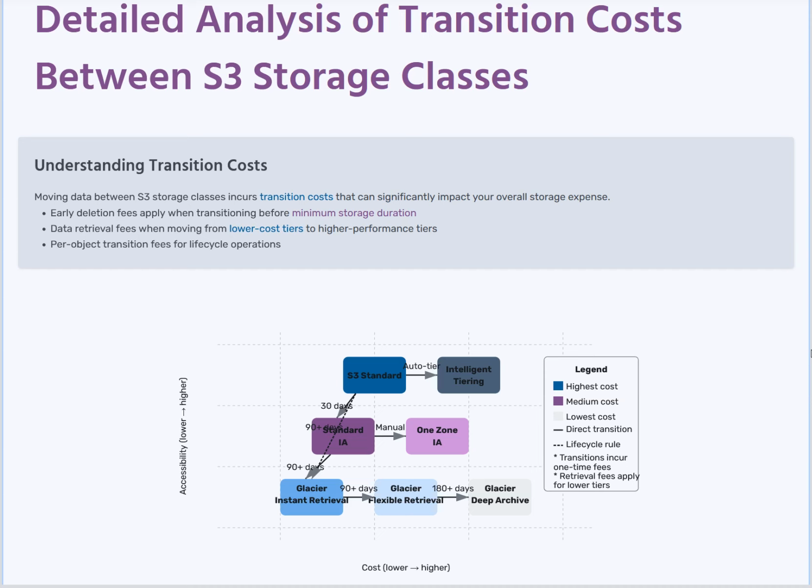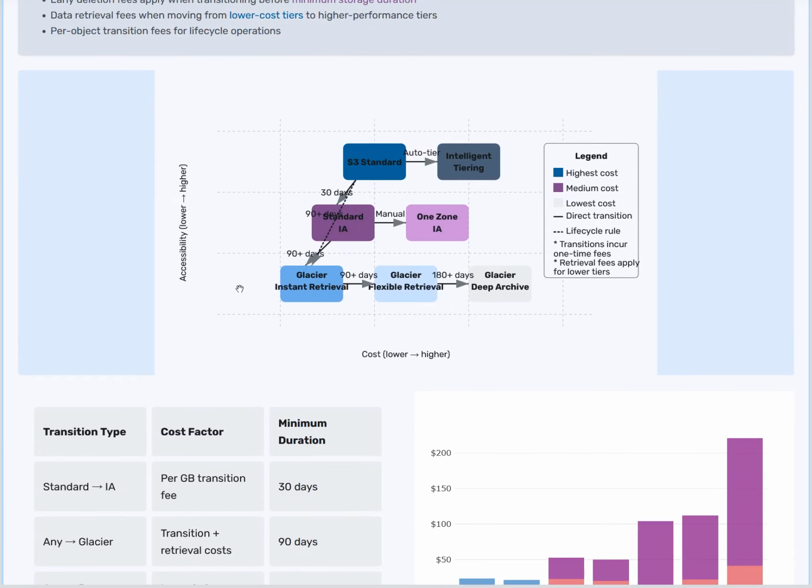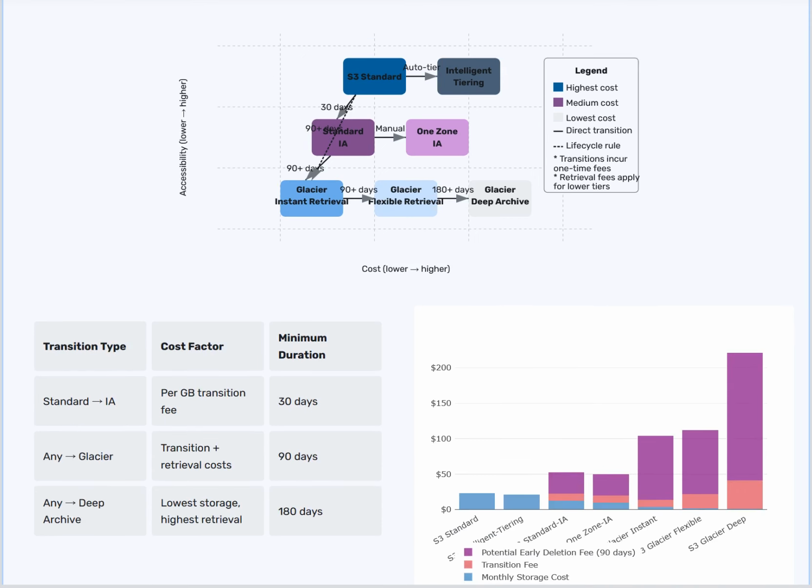Transition fees for lifecycle operations: so with lifecycle operations, it will cost you a transitioning fee for each object, right? So accessibility lower to higher, cost lower to higher, right? So there's a minimum duration here. Let's have a look at the minimum duration.